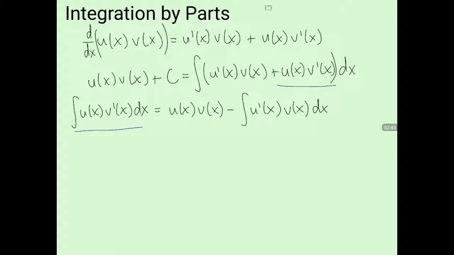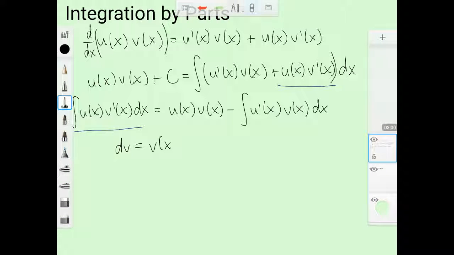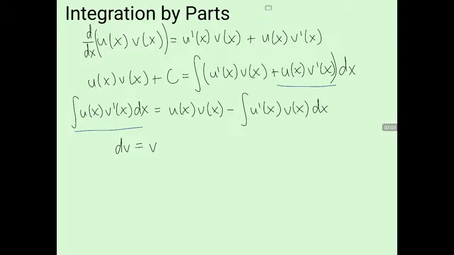And when we're doing integration by parts, more often than not, you'll see v prime of x dx be represented by dv. So instead of seeing this, what you're going to see is dv, and that's going to be equal to v prime of x dx, and du is going to, more often than not, replace u prime of x dx.